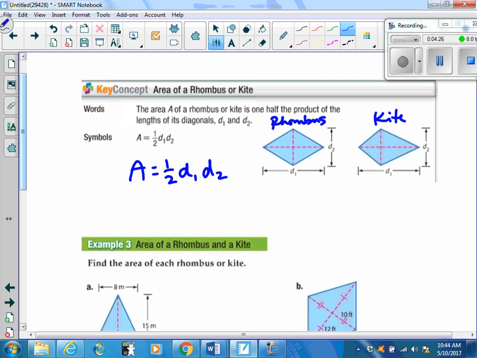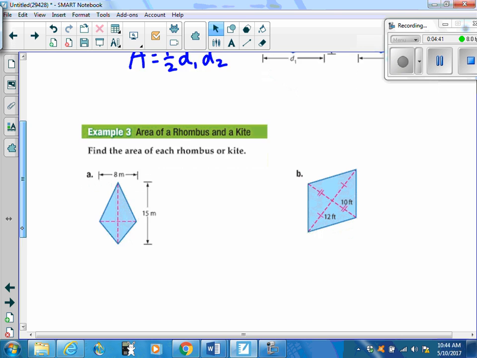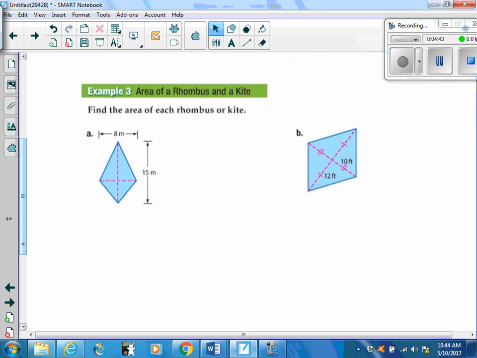And again, it doesn't matter which one you consider diagonal 1 or diagonal 2, just that there are 2 diagonals in those figures. The diagonals are always drawn from a vertex to the vertex on the opposite side of the figure. Example 3, find the area of each rhombus or kite.